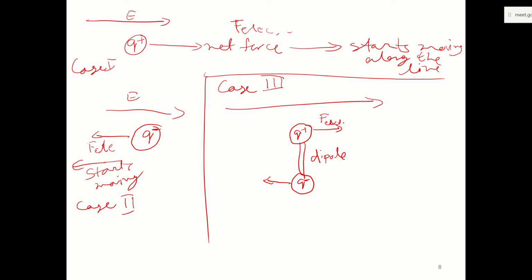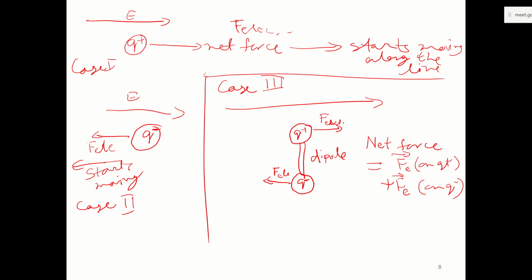So if you think about it, what will happen? The forces are in opposite directions and equal in magnitude. So the net force will be the sum of F electrostatic on Q plus and F electrostatic on Q minus.